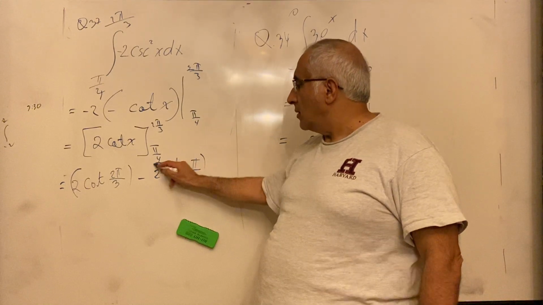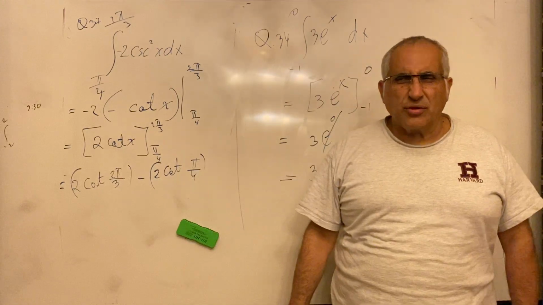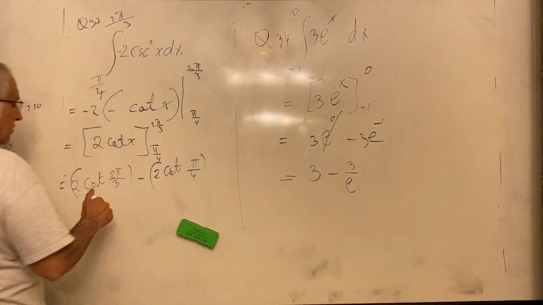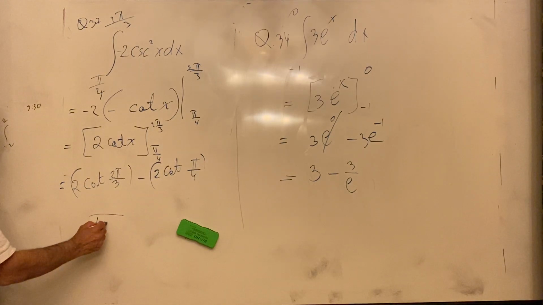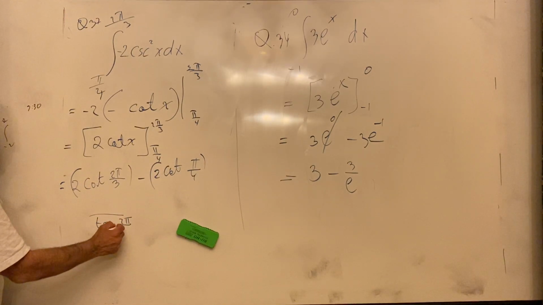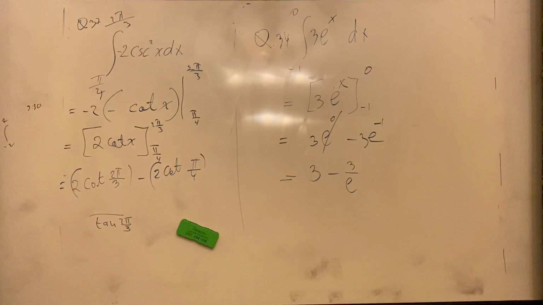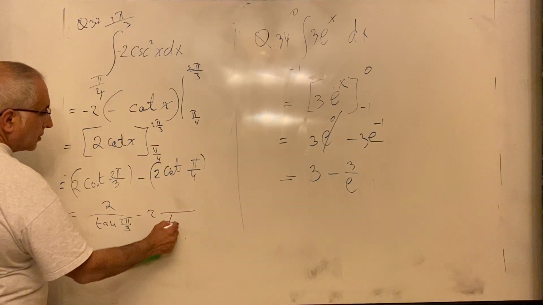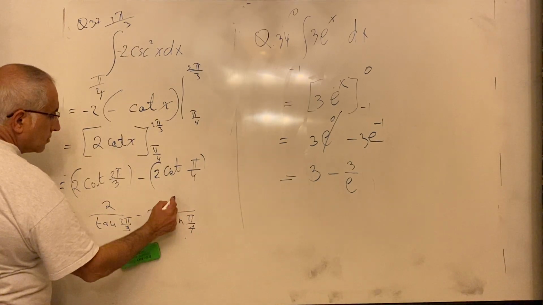And guess what? We don't have a button on the calculator for cotangent. So what do we have? We have tangent. Cotangent is 1 over tangent. So you can look up 2 over tangent 2 pi over 3, minus 2 over tangent pi over 4.